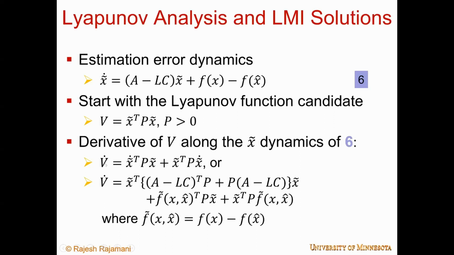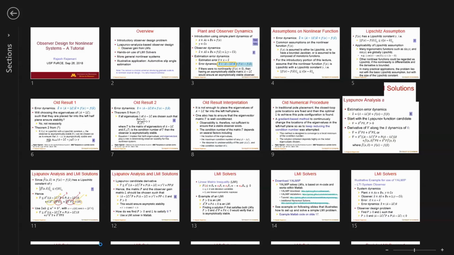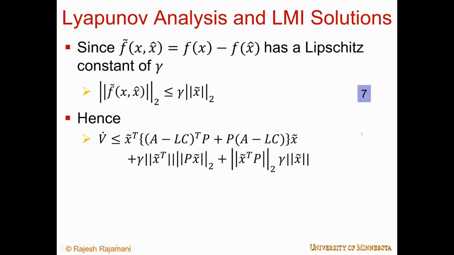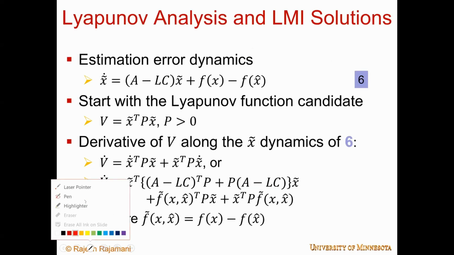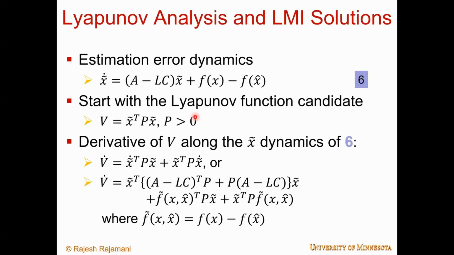So V dot is x tilde dot transpose P x tilde plus x tilde transpose P x tilde dot, and then we substitute for x tilde dot from equation 6.